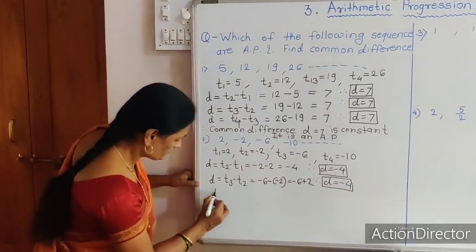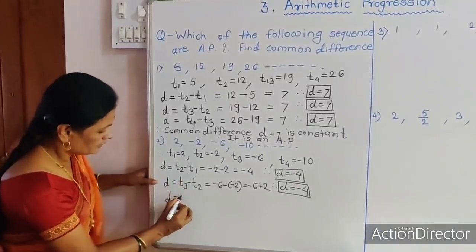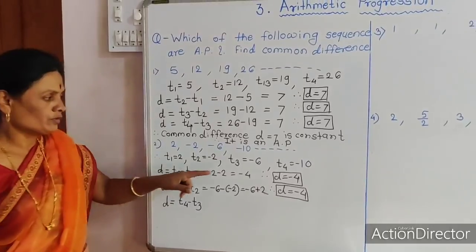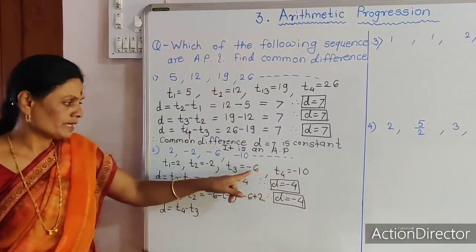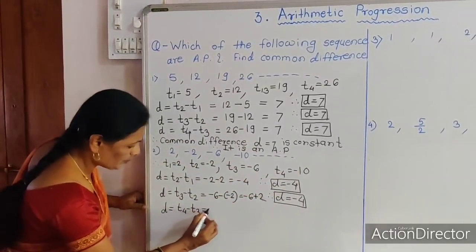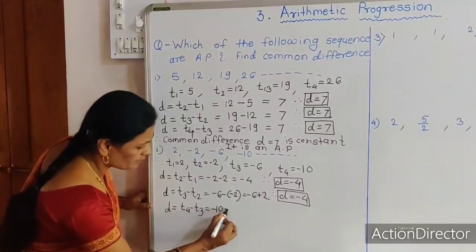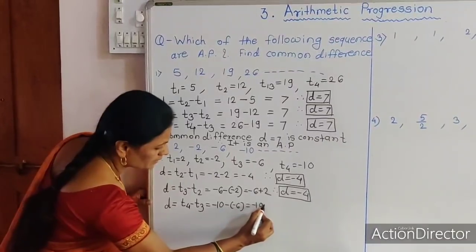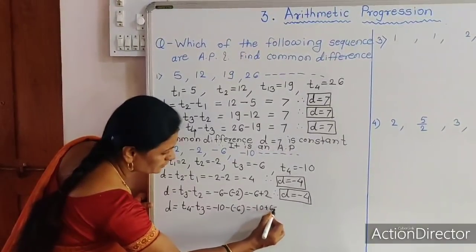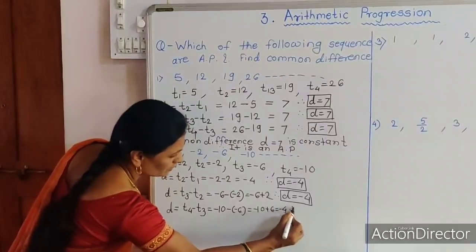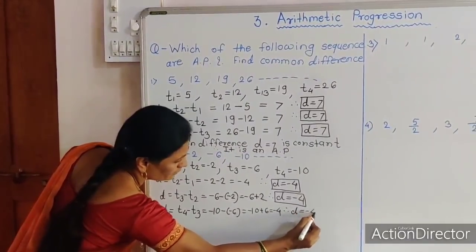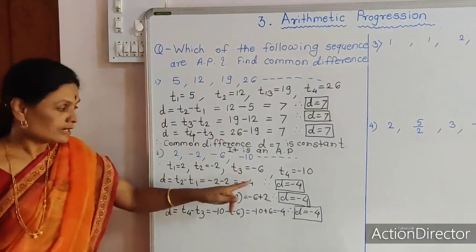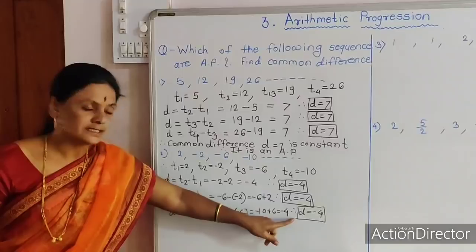Now next, D is equal to T4 minus T3. T4 is minus 10, minus 6. Minus 10 minus 6 is equal to minus 10 plus 6, which is equal to minus 4. Therefore, D is equal to minus 4. Here also, in all cases, D is the same.